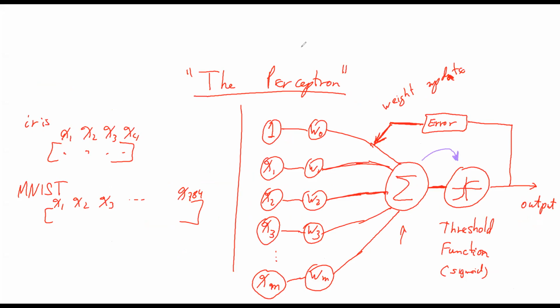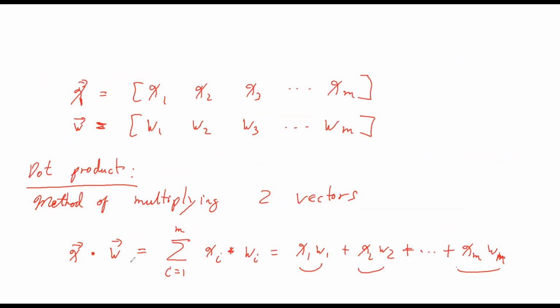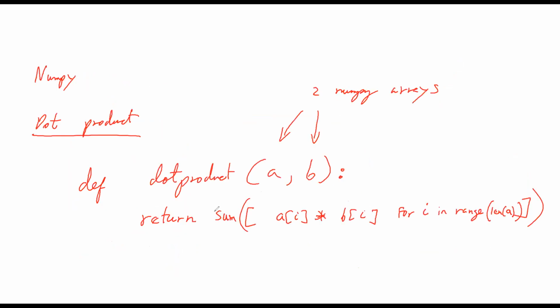So if we think about it, we are doing this calculation as a method of multiplying two vectors as a dot product. It's basically this function dot product, only we're doing it in NumPy instead of doing it in regular Python with a list.